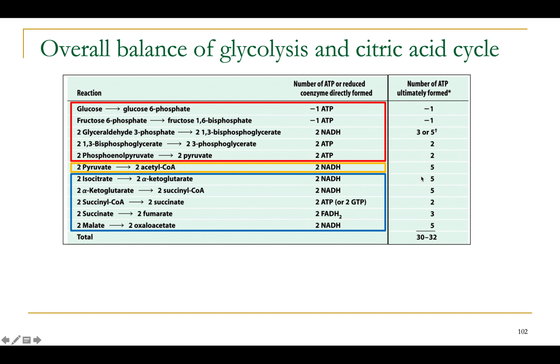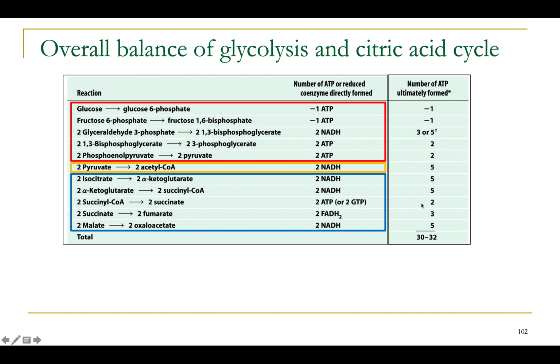And the steps of the citric acid cycle will give us 6 NADH in total per 2 acetyl-CoAs generated per glucose molecule. So hence we get 15 ATPs generated through the oxidative phosphorylation.